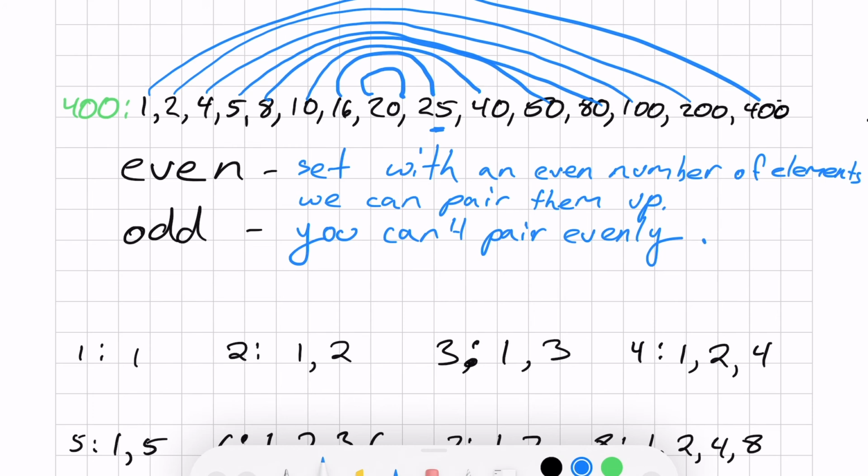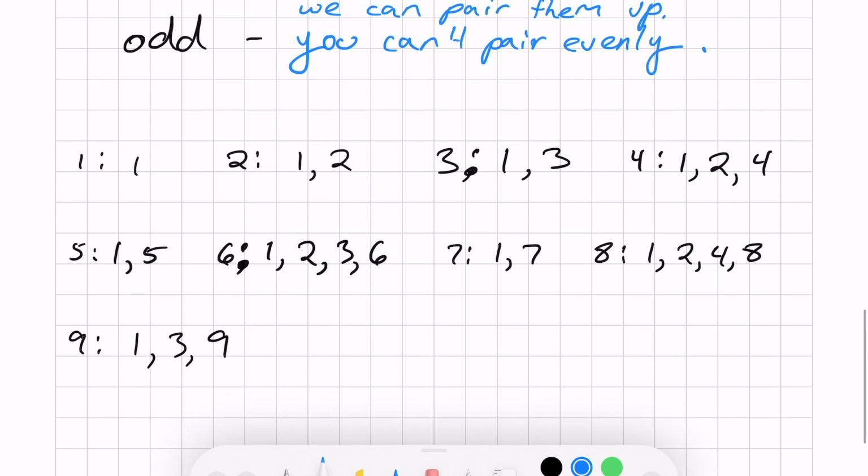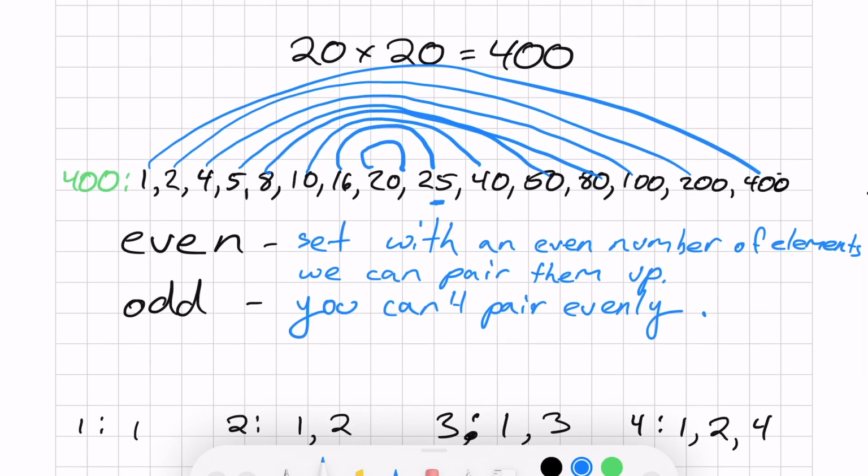So if I'm looking at these numbers down here, or actually I'm going to look up here first. If I'm looking at a factor rainbow and I'm pairing up the factors, right? If I'm looking at this one for 400, okay, is there an odd or an even number of factors?